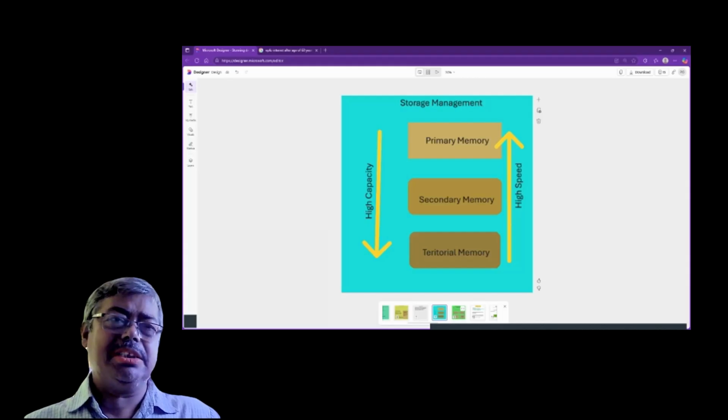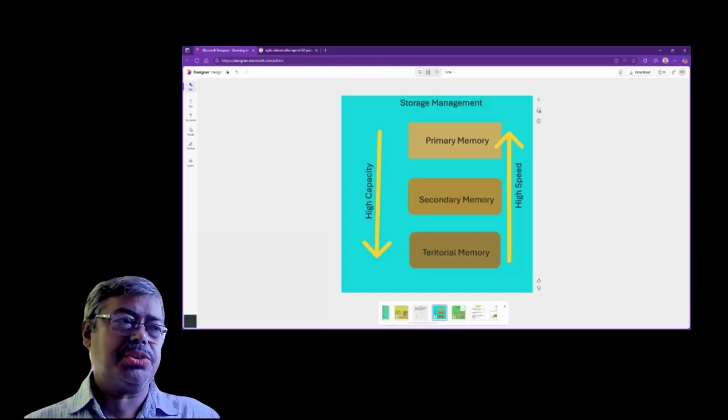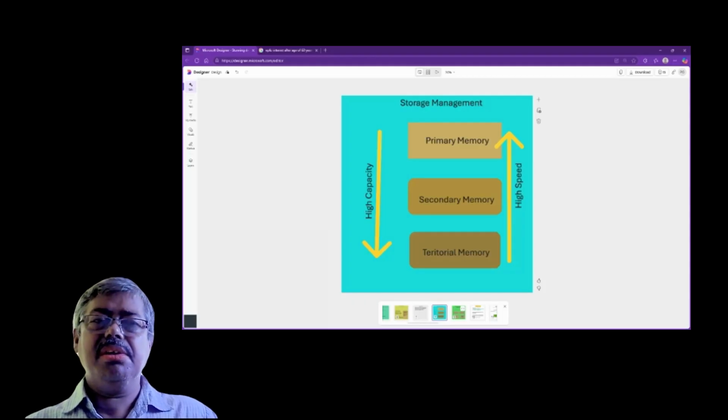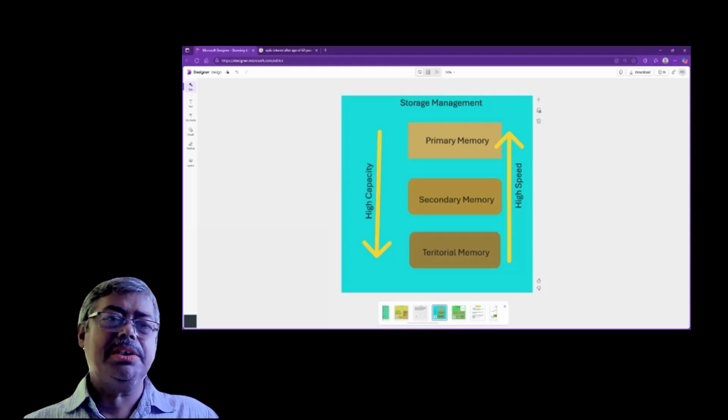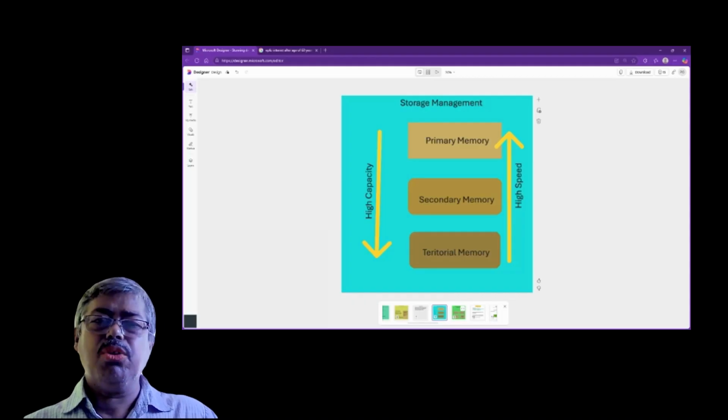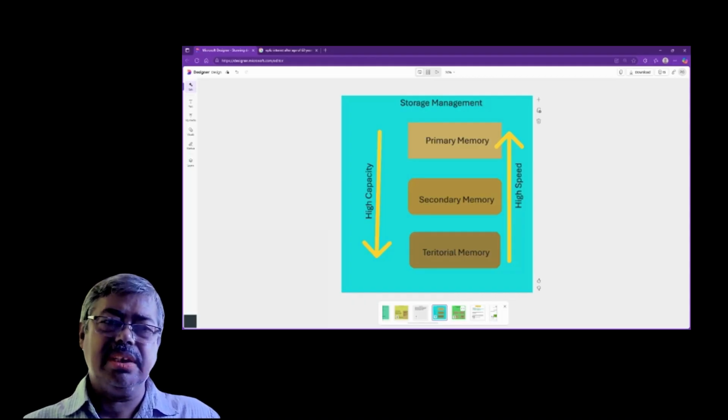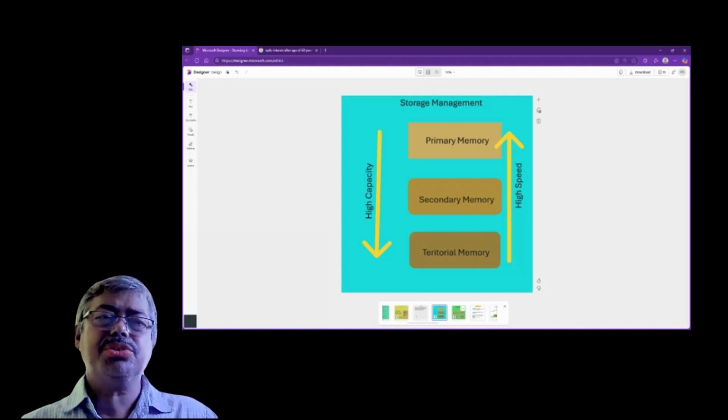Data storage management system. The storage management system is mainly divided into three parts: primary storage, secondary storage, and third, tertiary memory storage. Tertiary memory storage is mainly floppy disks, etc., which are not mainly used today.